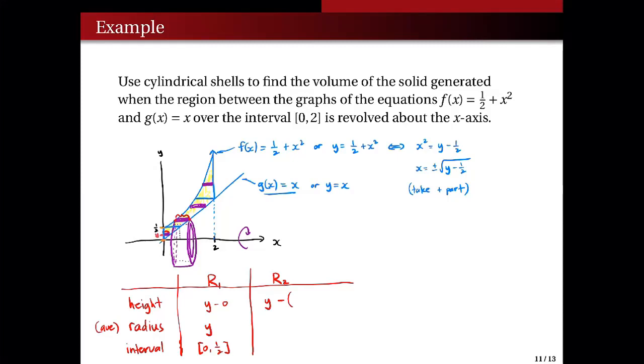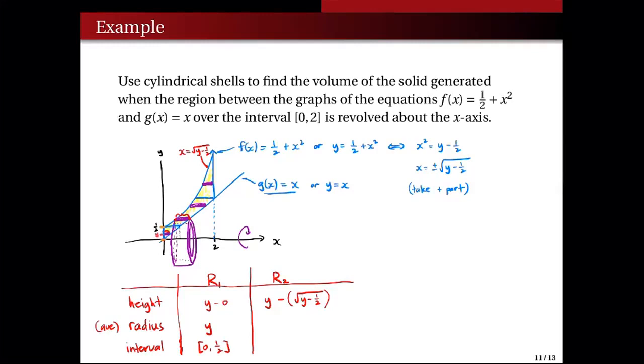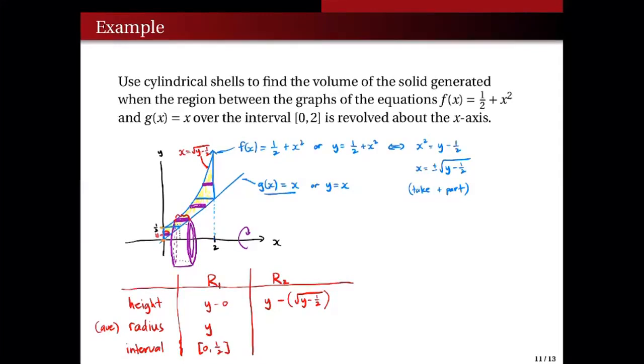So y minus square root of y minus 1 half. Again, we just take the plus part of this. This guy here has equation x equals square root of y minus 1 half. That's the height.